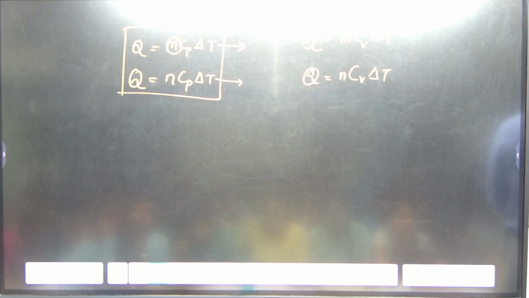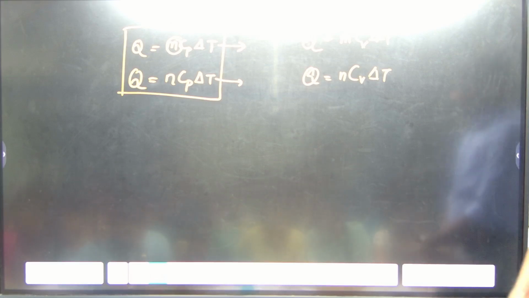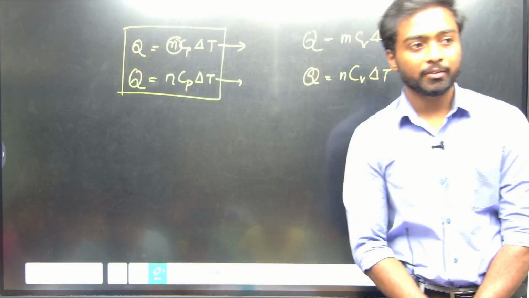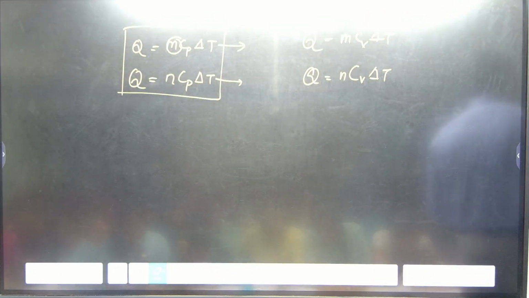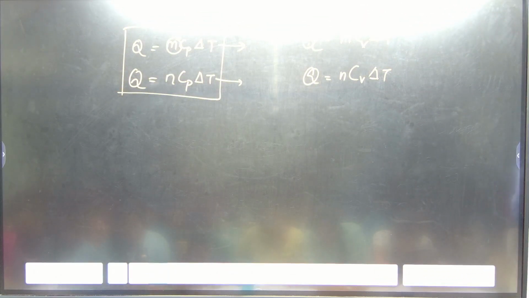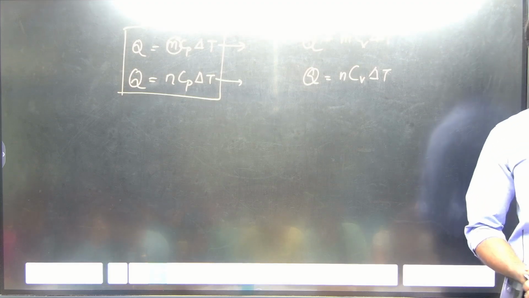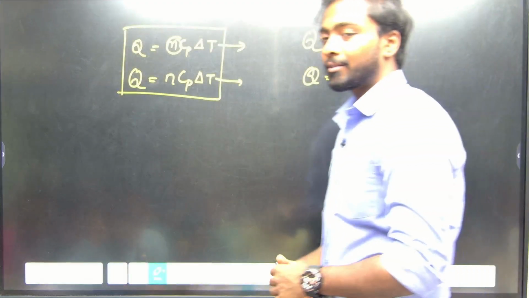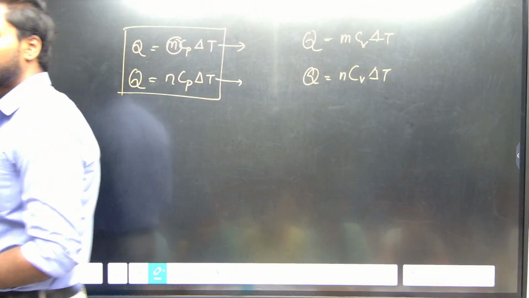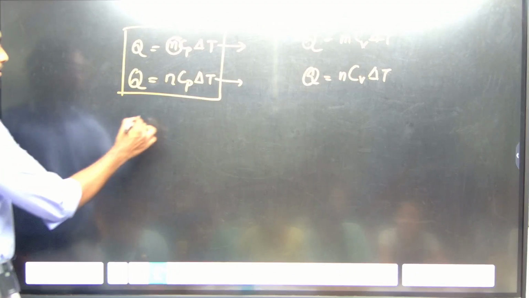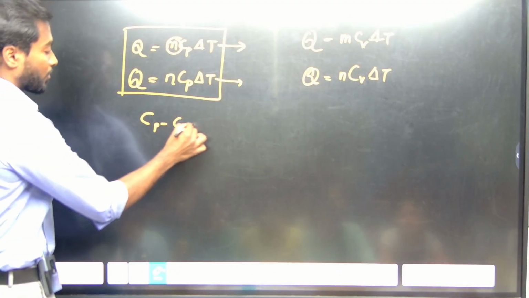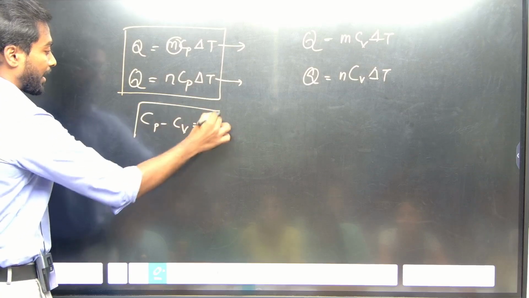Write on the next point: the relation between Cp and Cv. Cp minus Cv is equal to R. What is R?